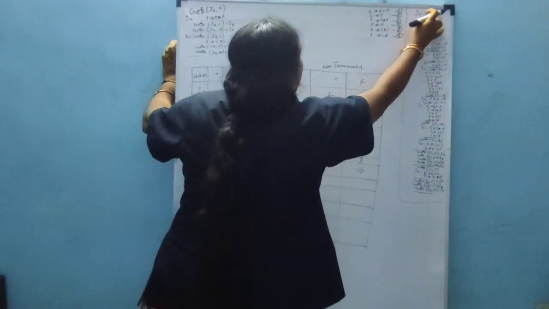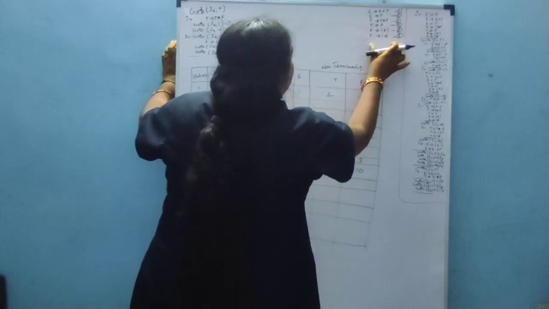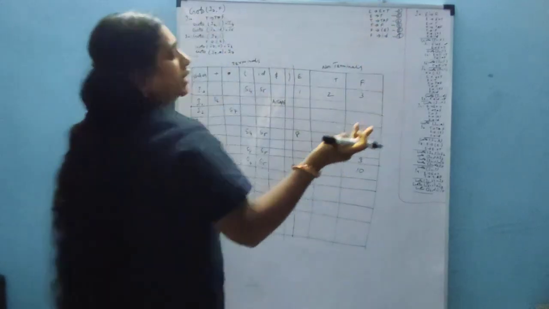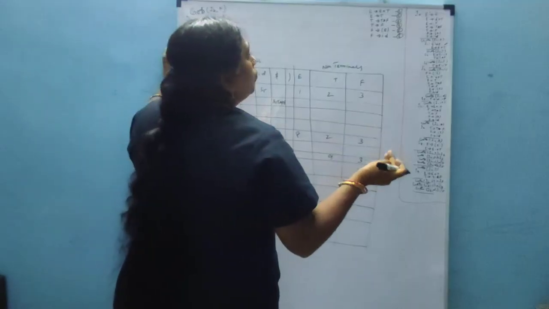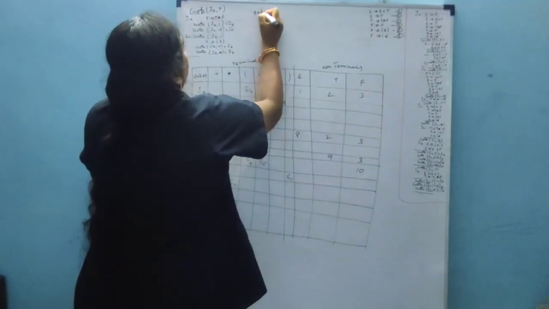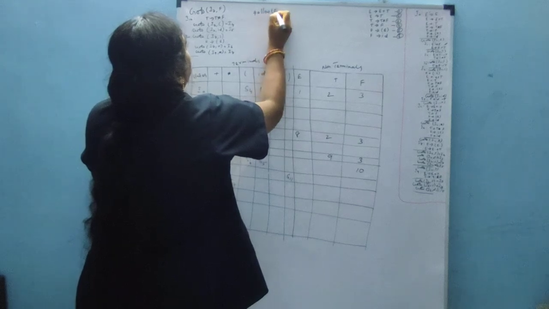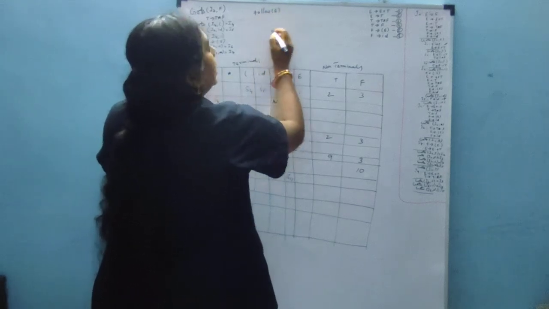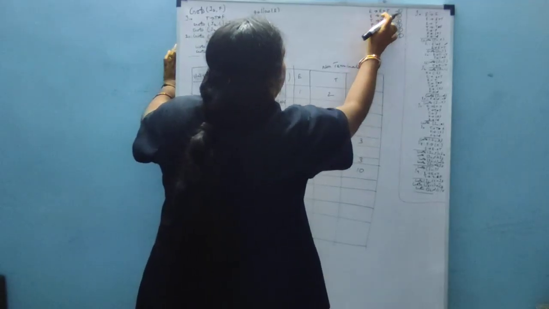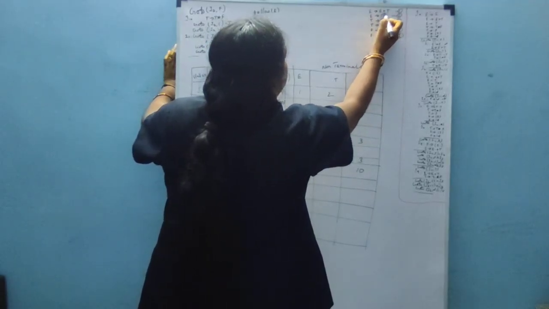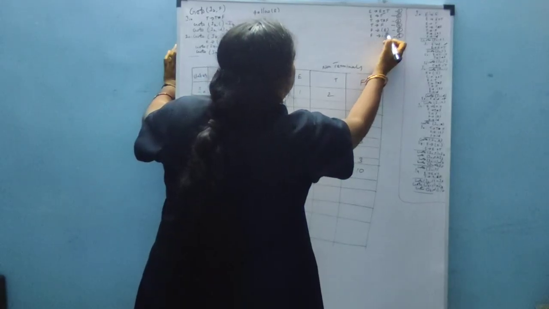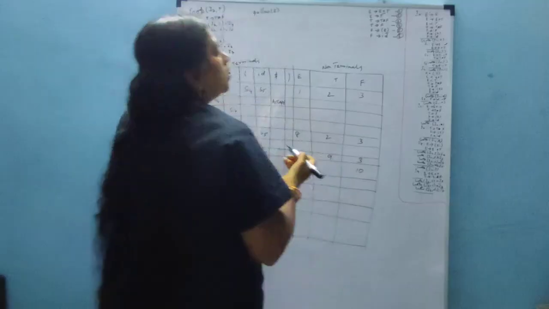Given the grammar and all the productions, the non-terminals present are E, T, F. So I am going to find the follow for E, T, F. First, follow for E: plus is there, and then close bracket is there.